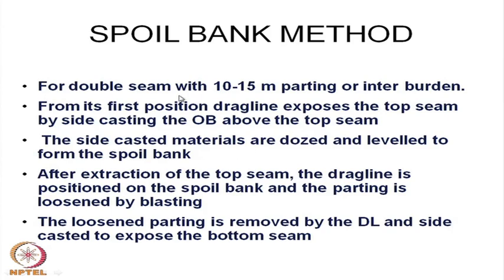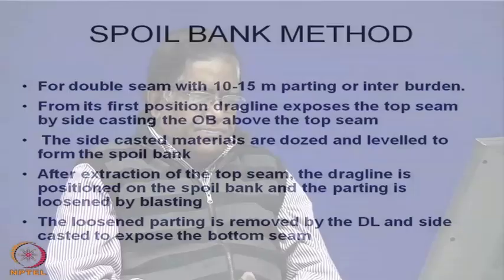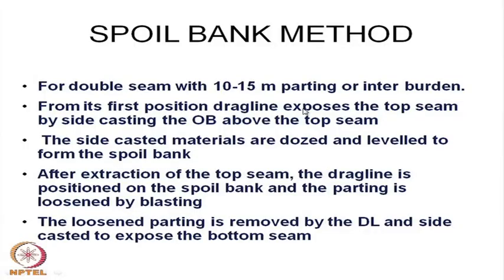Here there are two seams, that means between the two seams there is some interburden or parting. In that case we can use this dragline, and from its first position the dragline exposes the top seam by side casting the overburden above the top seam. The side casted materials are dozed and leveled to form the spoil bank.